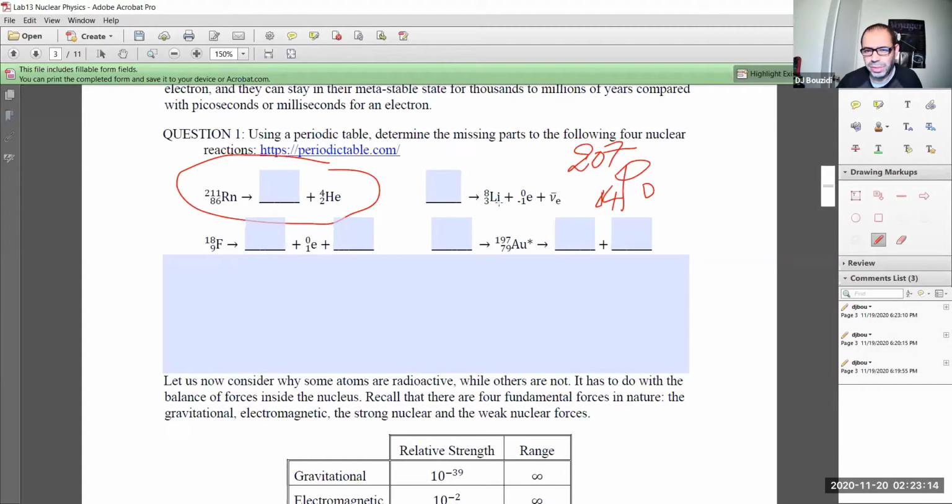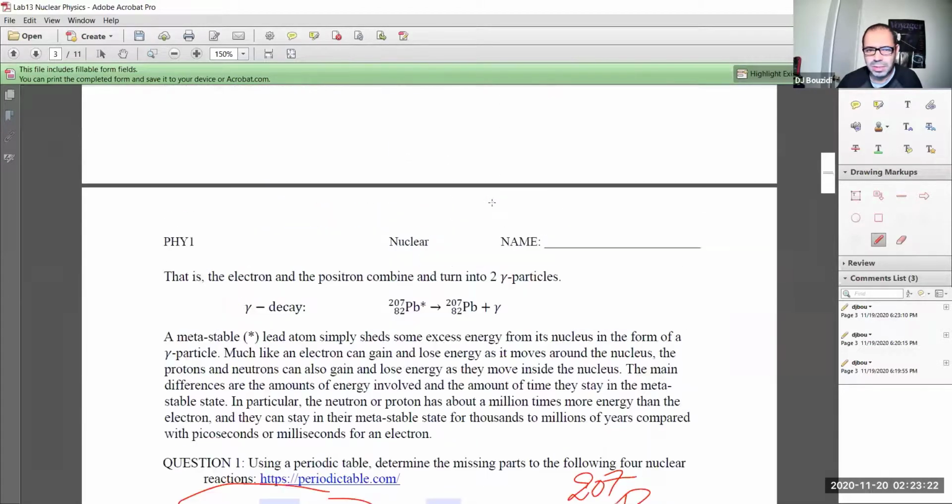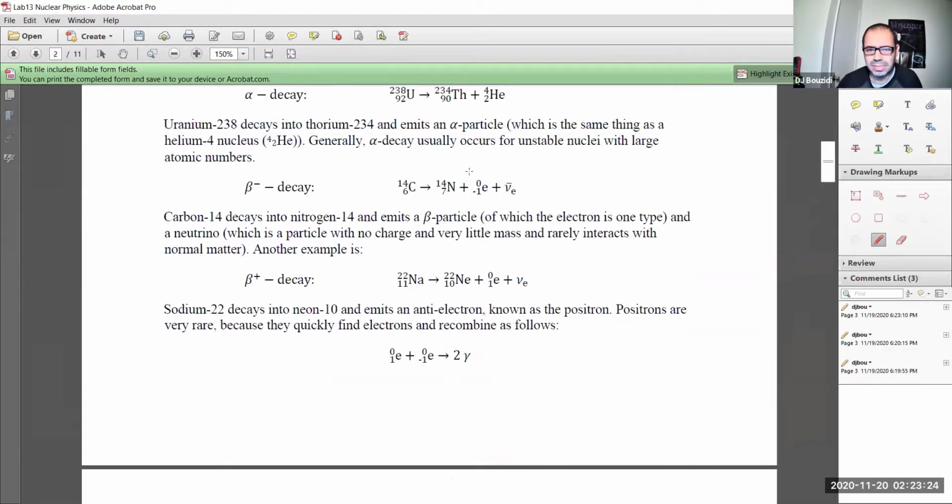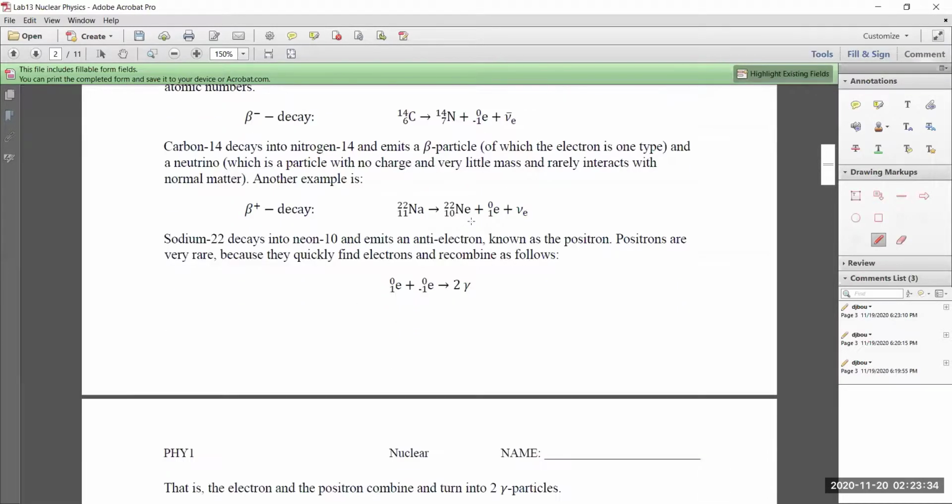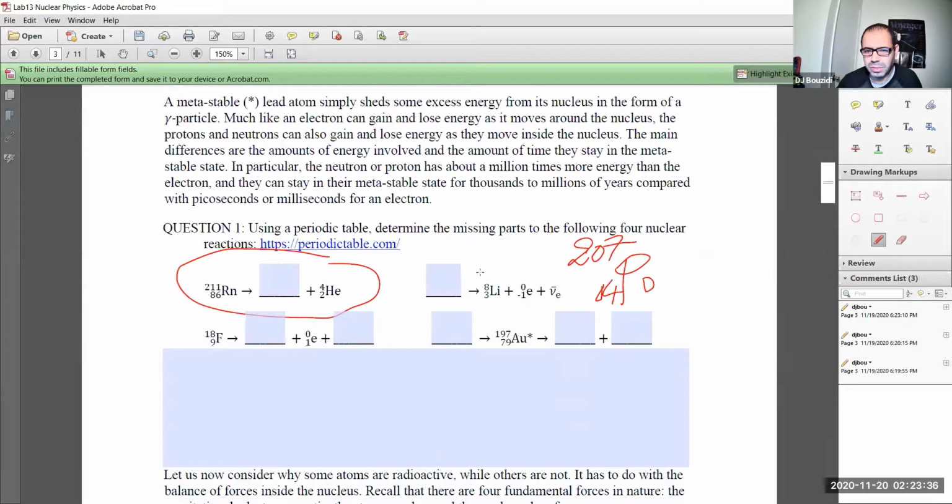I know I have a beta minus decay. That means in this case it's this type of decay. Instead, I have a lithium in here. So the number that they have in here has gone up by 1. So this one must be what to make this one correct?